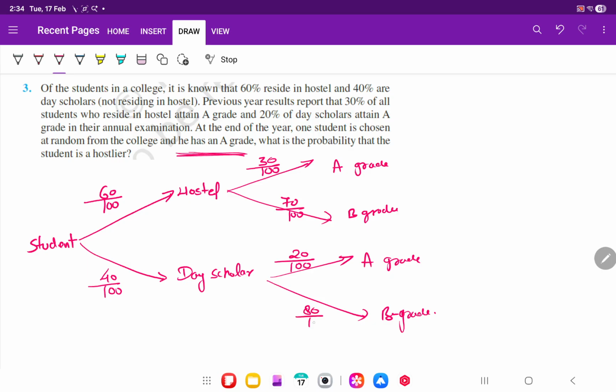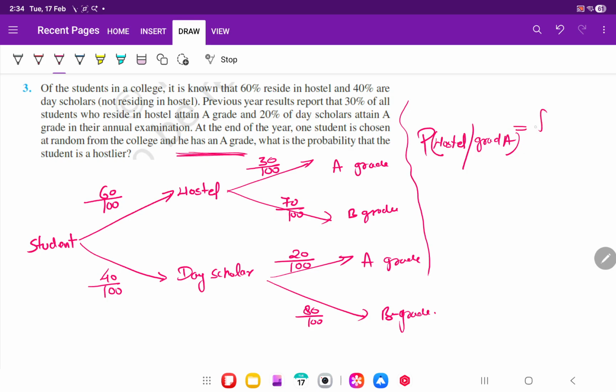So remaining will be 80%, correct? So we have to find a probability. They are asking the probability that they live in hostel. The condition given is they get grade A, correct?